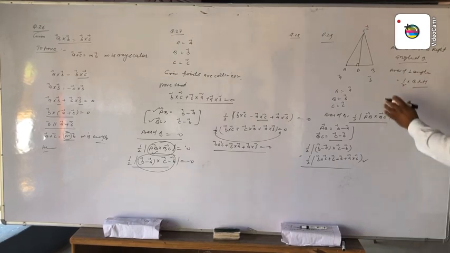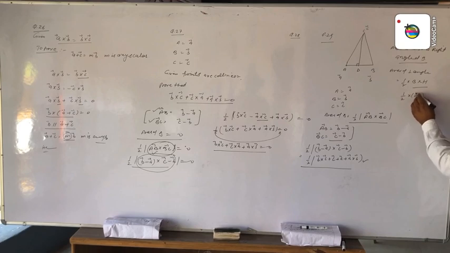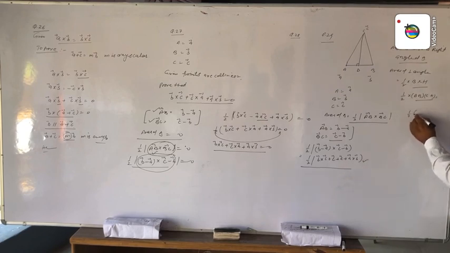Now the area of this triangle is 1 by 2. The base of this is AB. The height of this is CD. Now we have found the area of the triangle equal to this: 1 by 2 of vector B cross C plus C cross A plus vector A cross B. Now 1 by 2 cancels with 1 by 2.